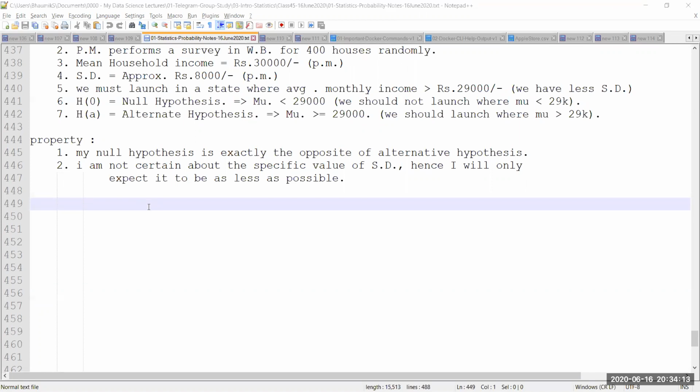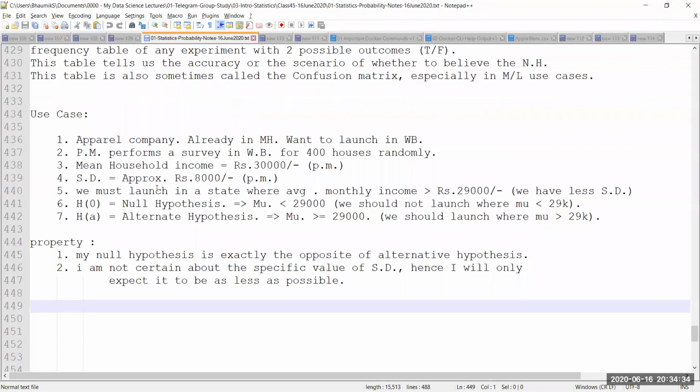Okay, so let's start. So until yesterday, we have looked into the very basics of inferential stats. We looked into what we actually mean by the central limit theorem, the null and the alternative hypothesis, and so on. We looked into type 1 and type 2 errors.